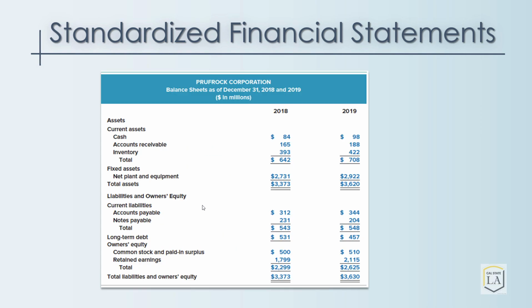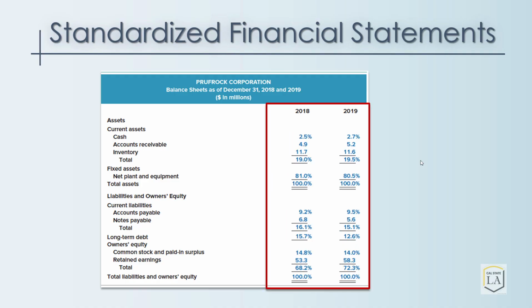It would be easier to understand the standardized financial statements with an actual example. So the financial statements that you're looking at are the balance sheets of Prufrock Corporation for 2018 and 2019. So these are just regular balance sheets. But the standardized balance sheets would present all the numbers in percentage of total assets.